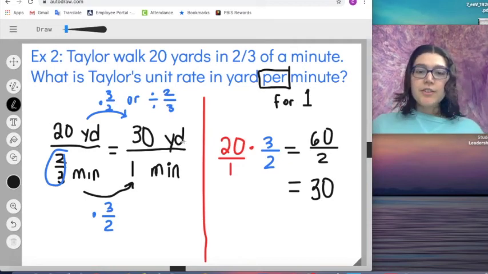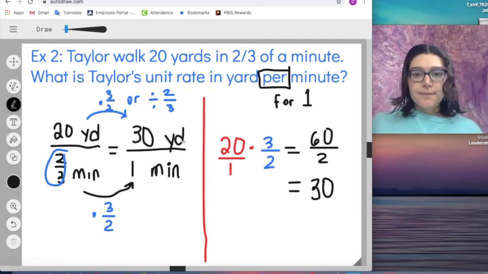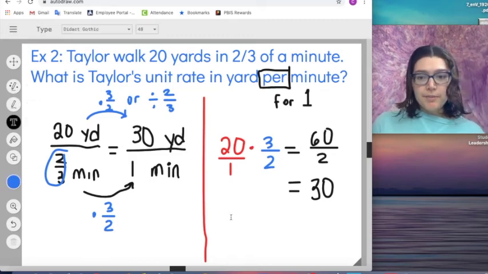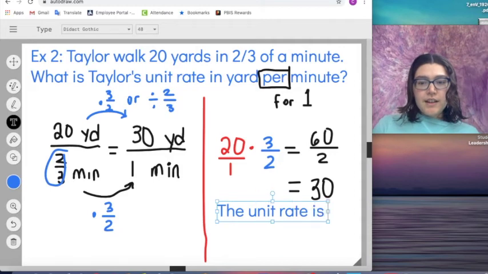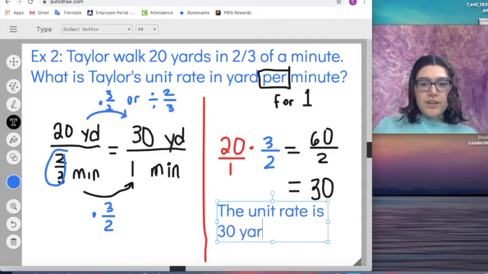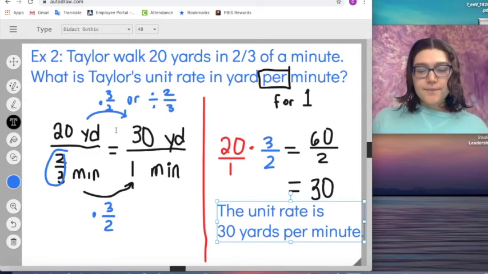If Taylor's walking 20 yards in 2/3 of a minute, then she's walking 30 yards in 1 minute. And since this is a word problem, it's good to have that unit. So the unit rate is 30 yards per minute. In 1 minute, she's walking 30 yards.